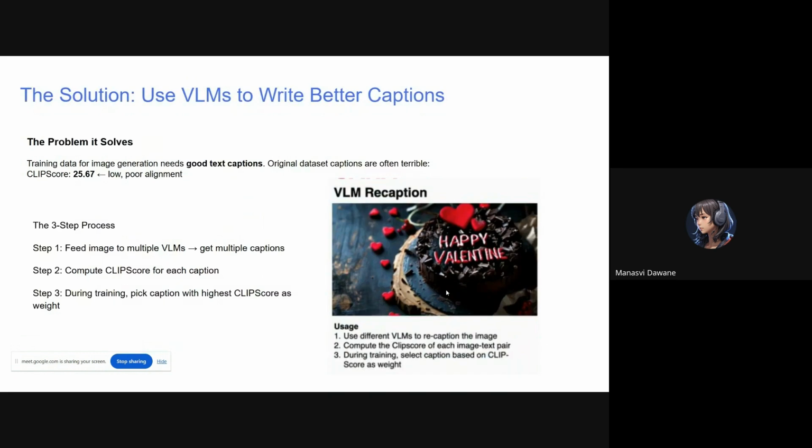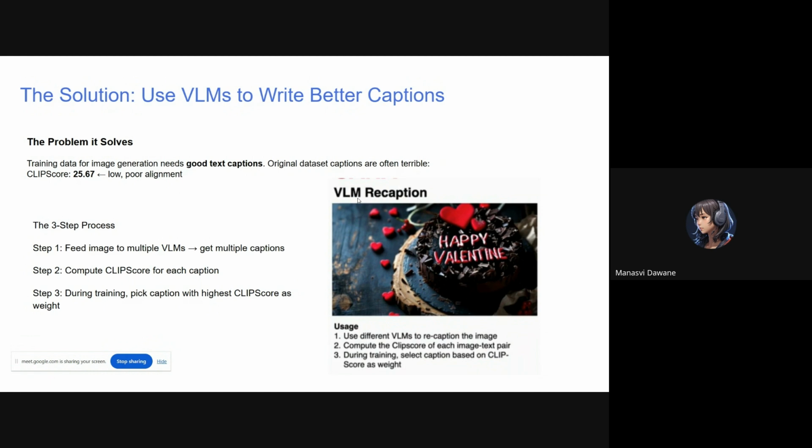Another problem addressed in the paper is caption generation. The training data for image generation needs good text captions. The original dataset does not have good captions. So you can see here there are three processes.